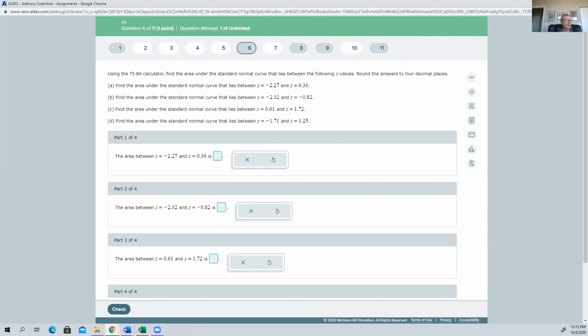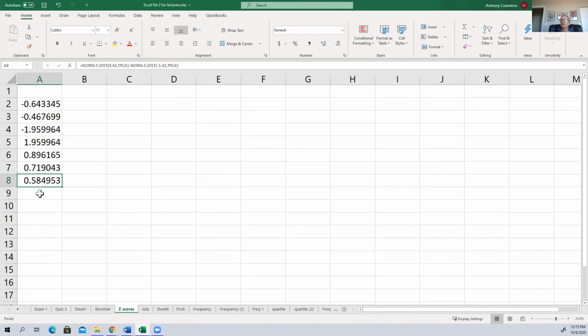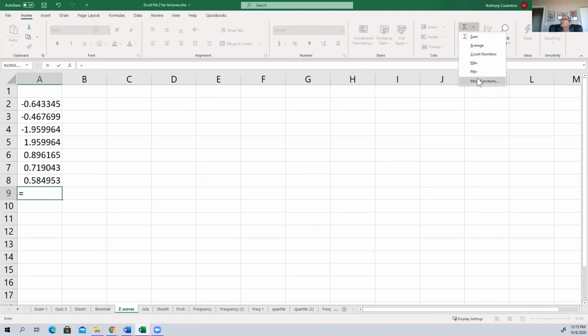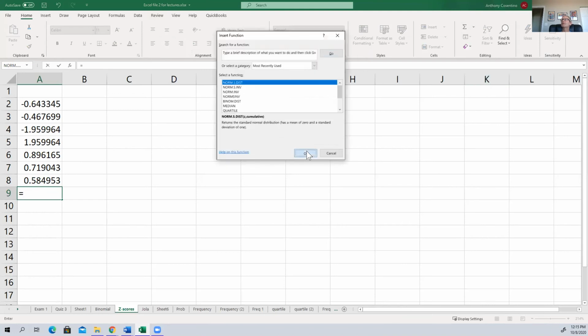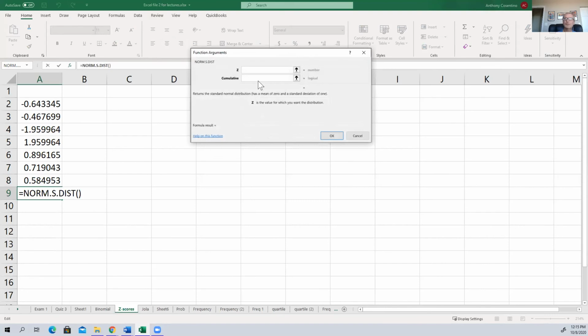So when you find the area in between, you want to take the big one and subtract the small one from it. So let's go to the spreadsheet here and do this calculation. So it would be equals, more functions. And so it looks like 0.36 for this one, and true. And so that would be the first one.